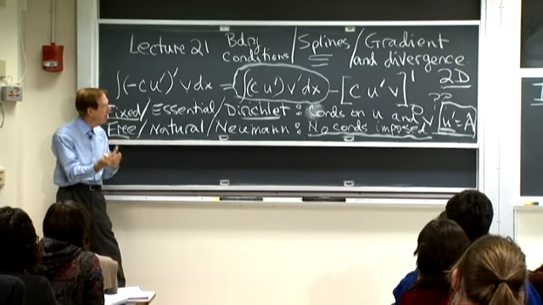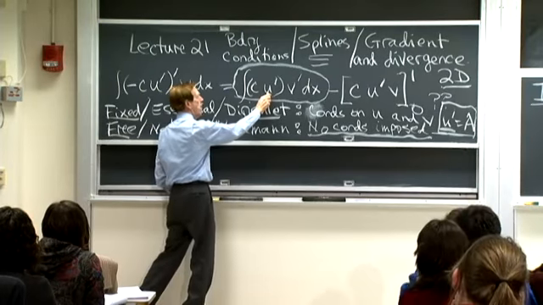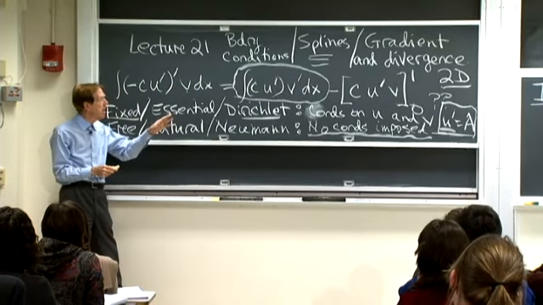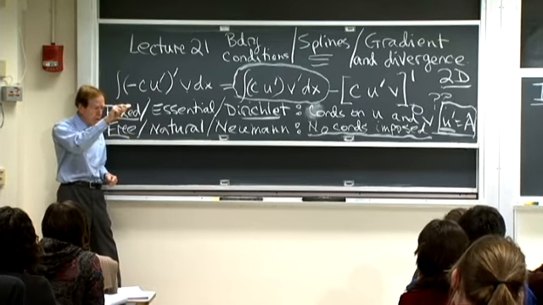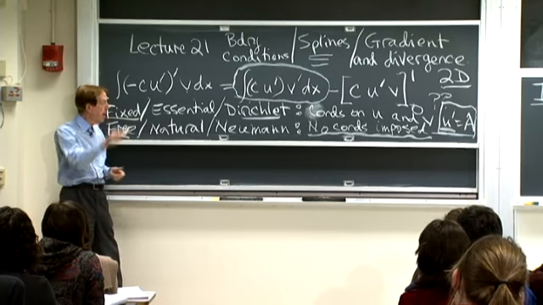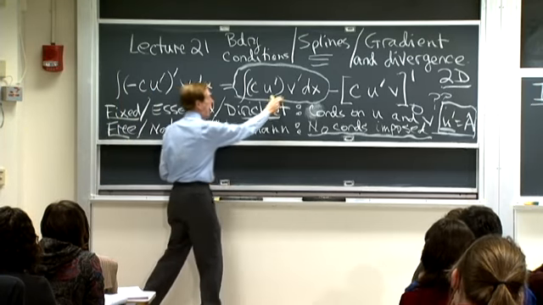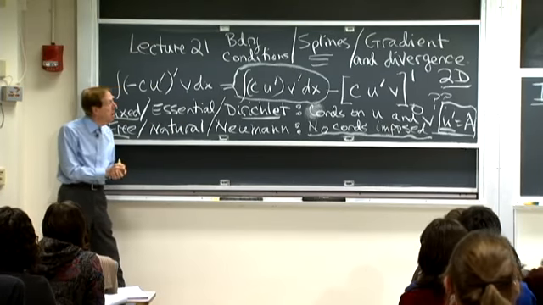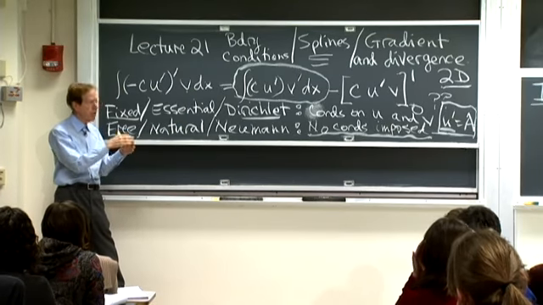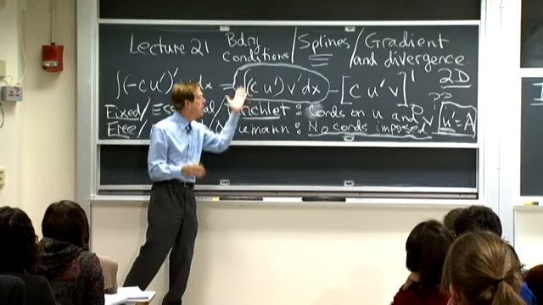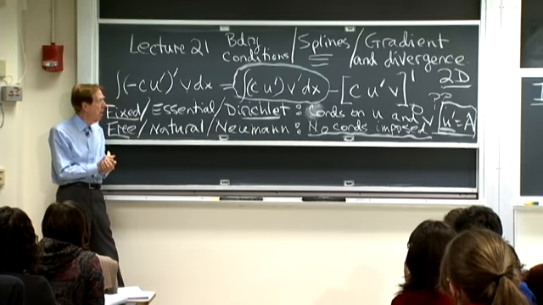It's symmetric in u and v. It only requires one derivative of u, so that I'm allowed to use hat functions, and I'm allowed to use hat functions for v, because their derivatives have just a jump, and a jump function I can integrate no problem.